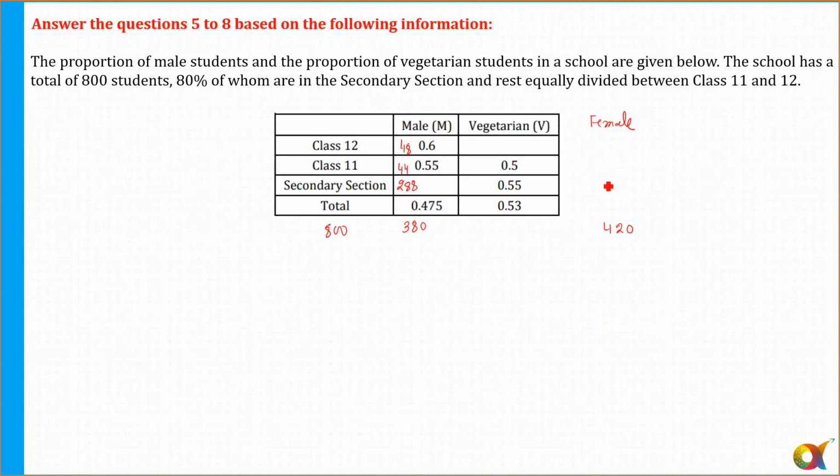In the secondary section, it is 352. And here, in class 11, we have calculated the number of females is equal to 36, and here it is equal to 32. Okay. And in class 12, the total number of students was 80. In class 11, it is 80, and here it was equal to 640. So I hope that all these values I've written are correct.